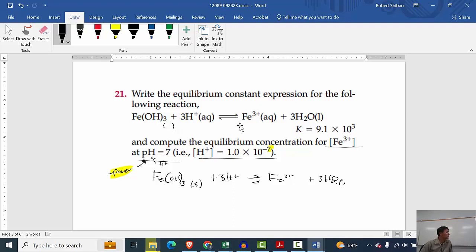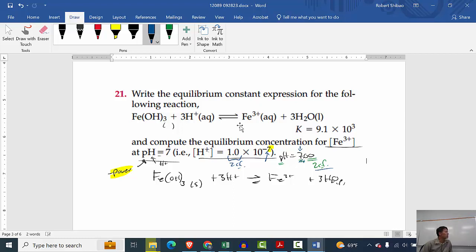In a power function, we have to worry about the sig figs. If the H plus is 1.0, then the pH is 7.00. It's 7.00 because 7 is the power, and the 0.00, these are 2 sig figs here. The 7 is not significant. So everything after the decimal point is significant, so that's 2 sig figs there.